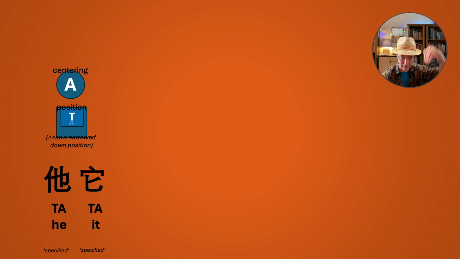This first character of ta is that foundation that you put there. It's the a, and then you have the position which is now he or it. You can remember it well, and you can recognize it. It is about the centering position, which you narrow down to a functional, specified position. That's what the T letter is about in my scheme.